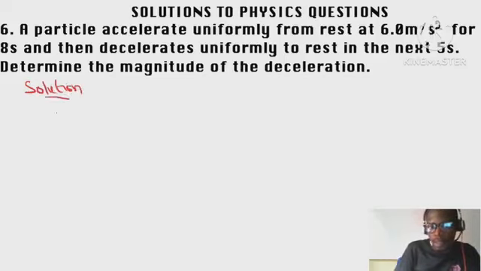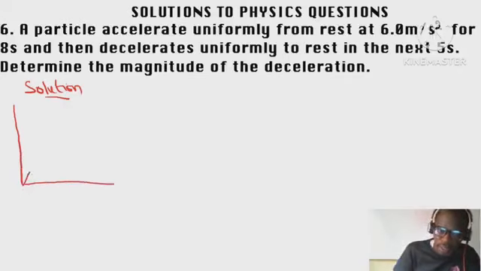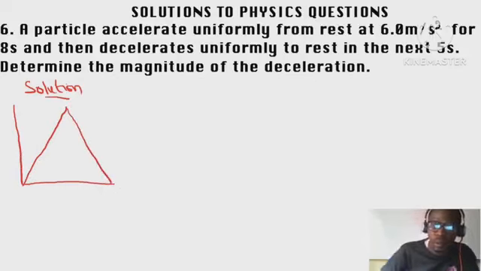Let's quickly represent this in a graph and see what will happen there. In the velocity time graph, we are told that the body accelerates uniformly and then decelerates. We are given the acceleration to be 6 meters per second square, and the time for which it accelerated is 8 seconds.